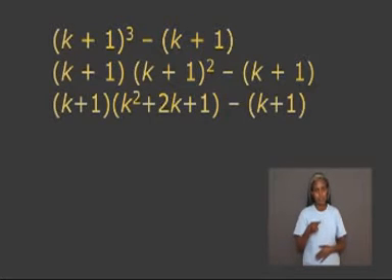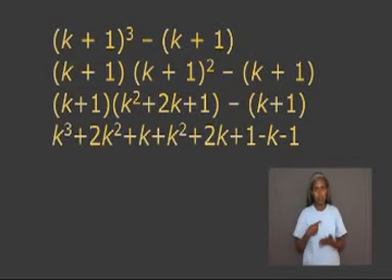Then we expand (k plus 1) squared, giving us (k plus 1) times the sum of k squared plus 2k plus 1, minus (k plus 1).